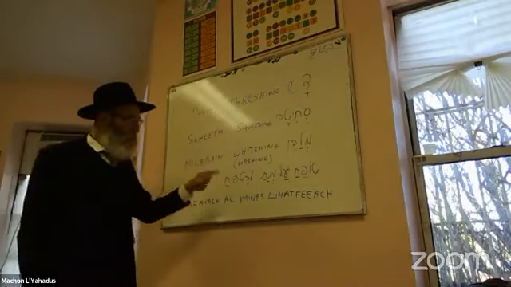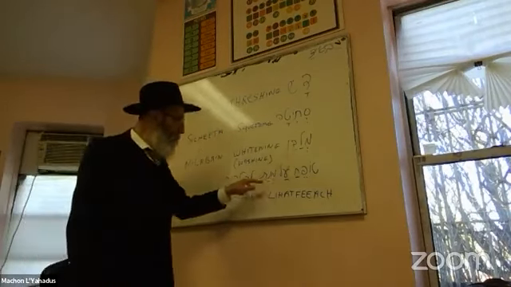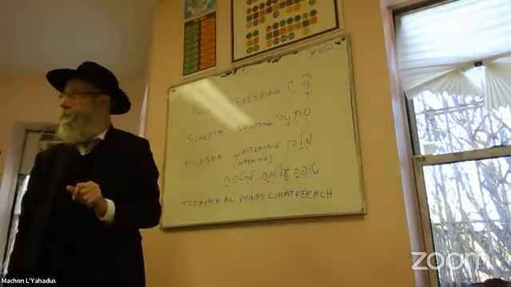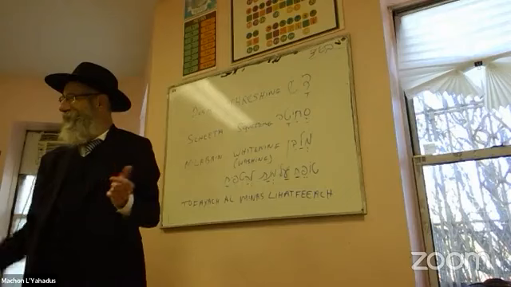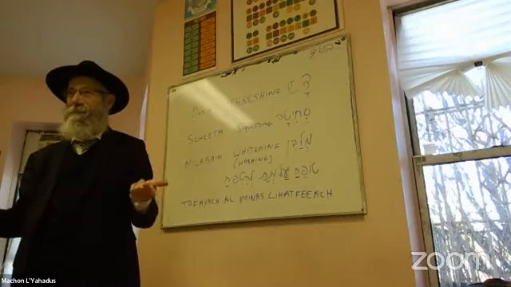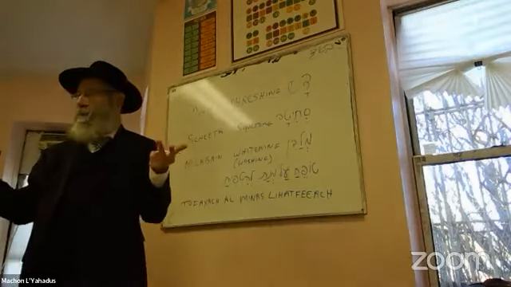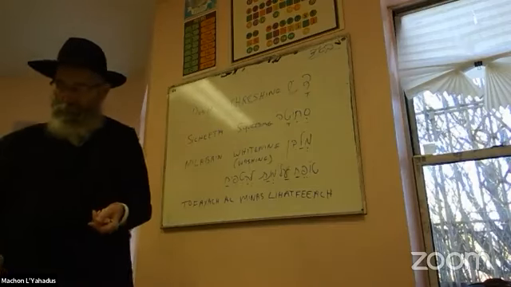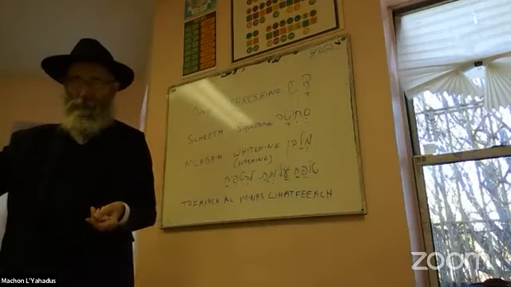Then we have another term, tefeach amanas latviach. When is something called wet halachically? How do you identify something that's wet? Drips, okay, you actually see a liquid. But what happens if this were to get wet?